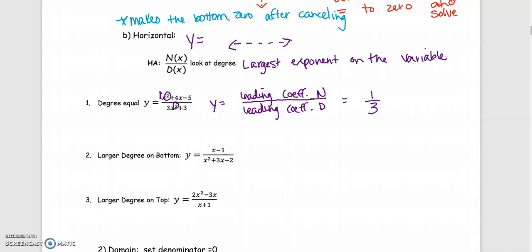Then we could have where the larger degree is on the bottom, and so 2, and that one's 1. And so when the numerator is less than the denominator, then it is y equals 0, or just the x-axis.